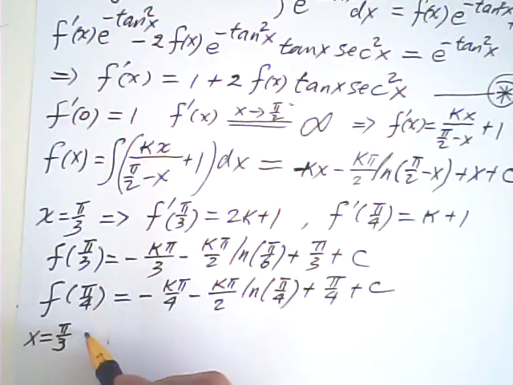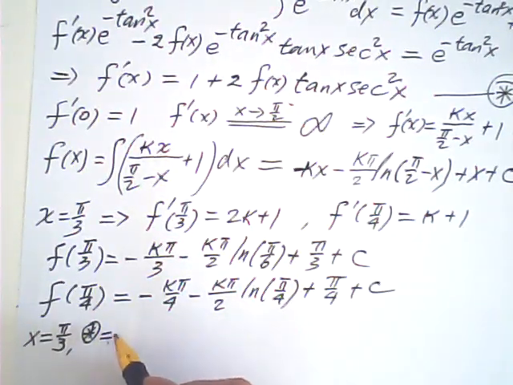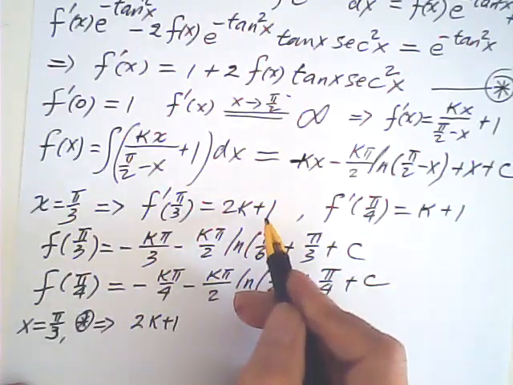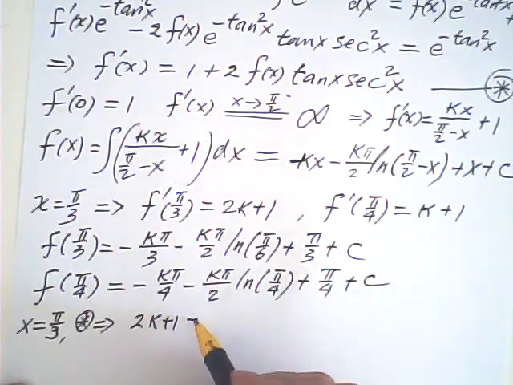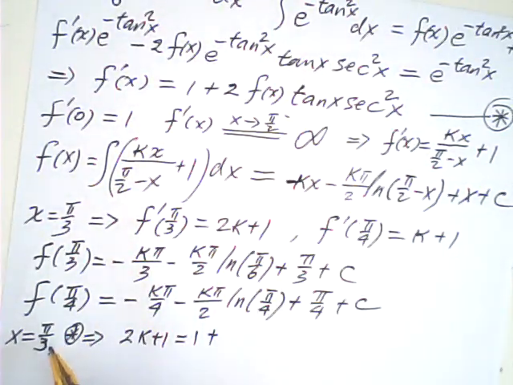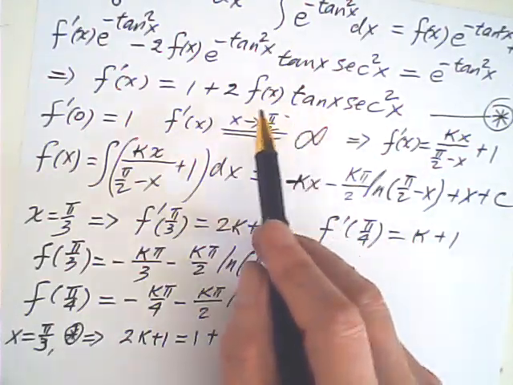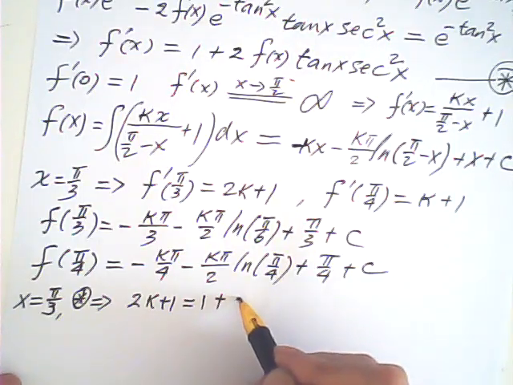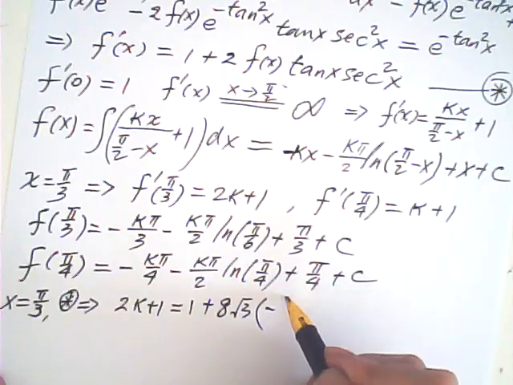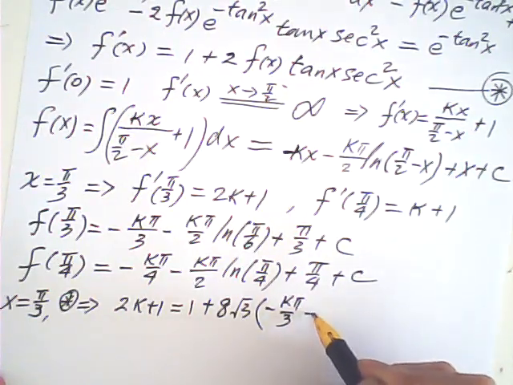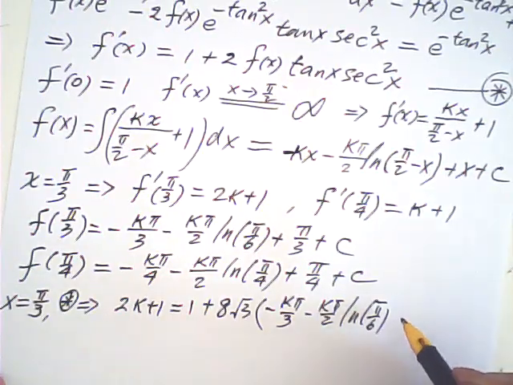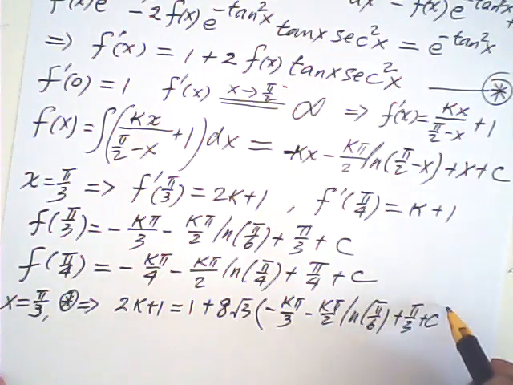Then the star will have 2k plus 1, right, is equal to 1 plus, I plug the value 1/3 pi here and there times 2, it becomes 8 root 3 multiplied by f of x, which is minus k pi over 3 minus k pi over 2 log pi over 6 plus pi over 3 plus c.